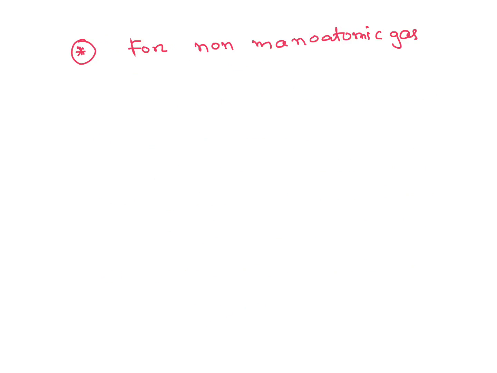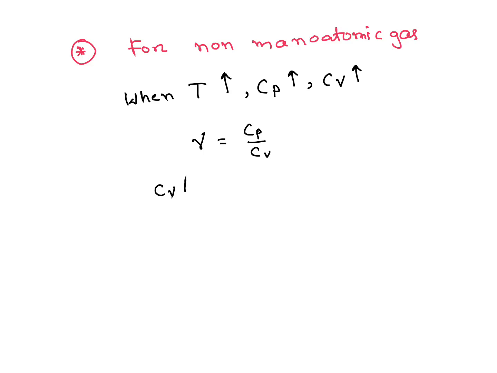For non-monoatomic gases, when temperature increases, Cp also increases, Cv also increases. So gamma is Cp by Cv, and here Cv increases more than Cp increases at higher temperatures.